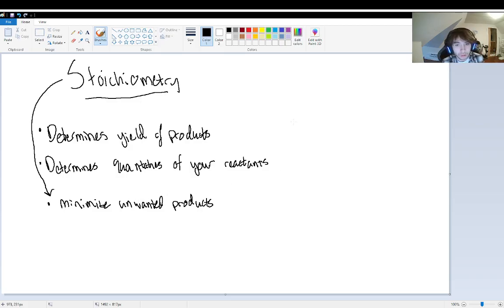If some side reaction is going to give you a product you don't want, use stoichiometry: you make a certain amount of something that can only make a certain amount of your unwanted product.